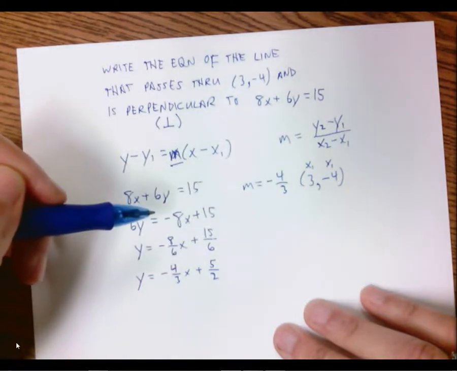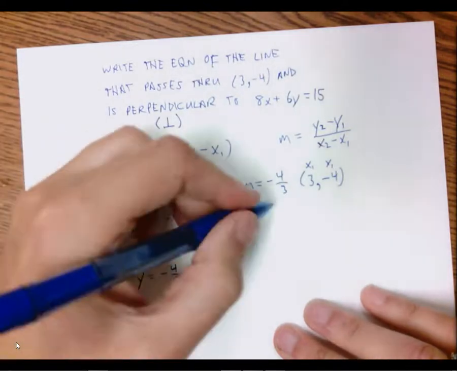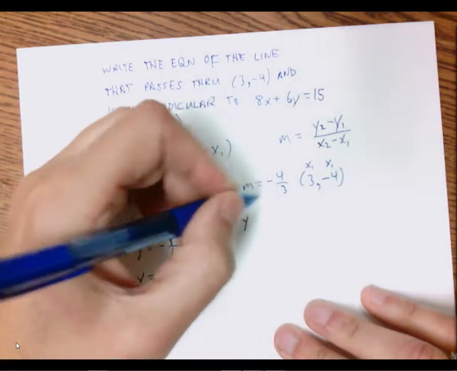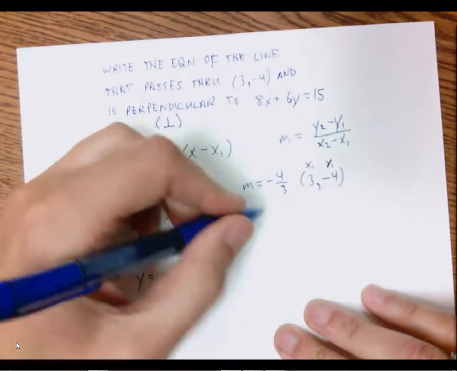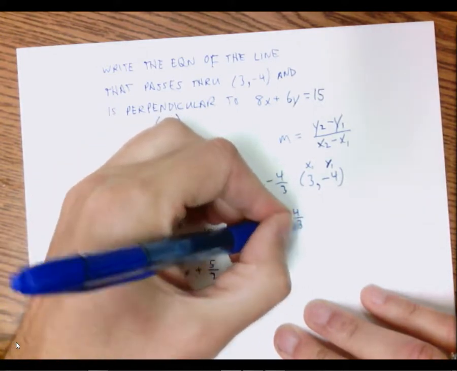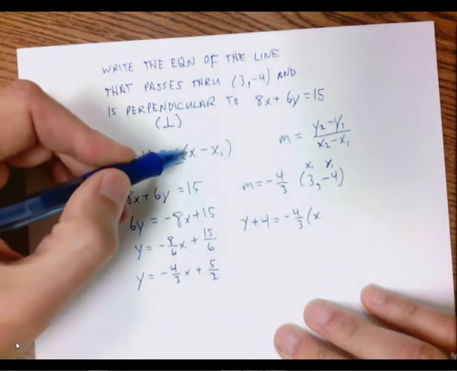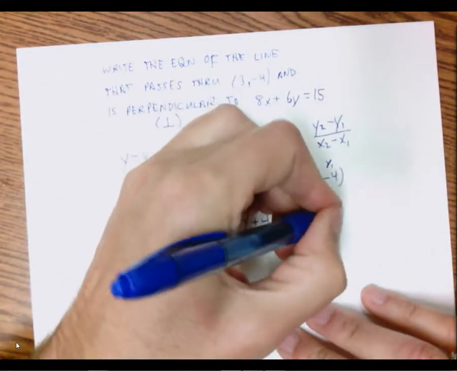Okay, so now let's plug these things into the point slope equation. So we say y minus y1, well, y1 is negative 4, so that'll be y plus 4, equals negative 4 thirds times x minus whatever x1 is, so that's 3.